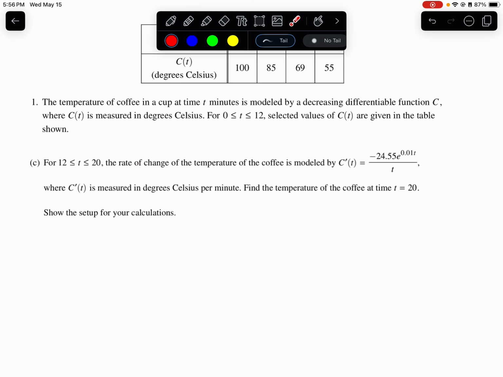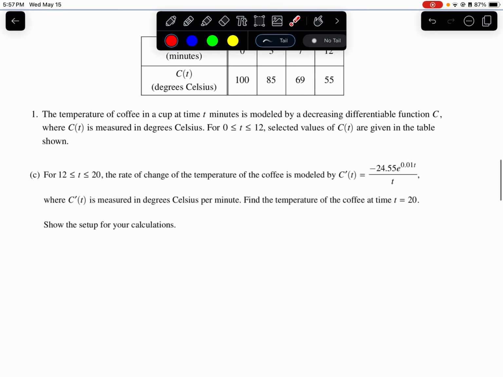So we would want to know how the temperature is changing over this interval, and we can find that by doing the integral of our rate right here. If this is our rate, the integral would show us the displacement of the degrees over our time interval.